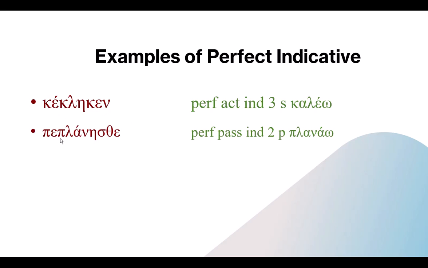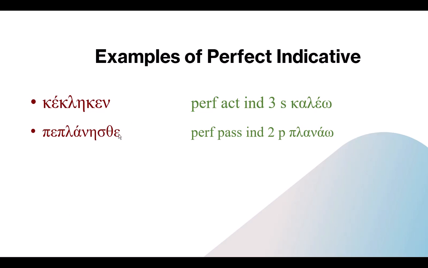We have peplanesthe. This comes from planao, which is to deceive. This is going to be a passive. Notice that we have the reduplication, the pe, and then we have planesthe. So there's no tense formative. We have the contract vowel alpha coming before the ending there, and that is then lengthening to eta, and then we put that second plural ending right up against it.